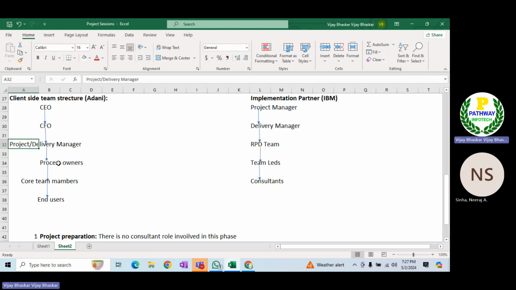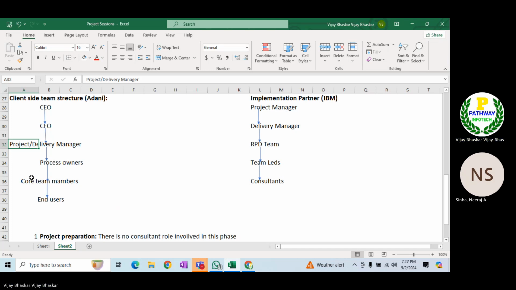The process owner will decide whether we can offer that credit limit or not. They are the final decision makers because they know the process end to end in their area.